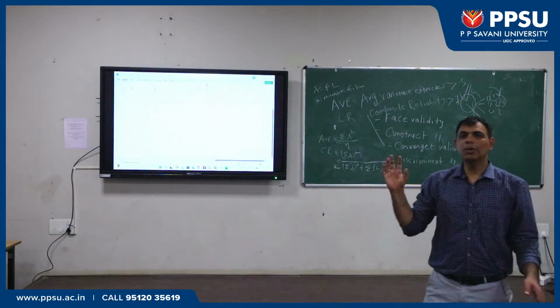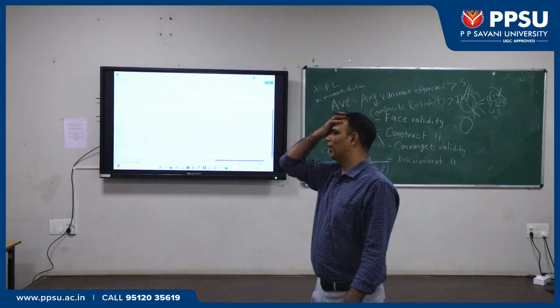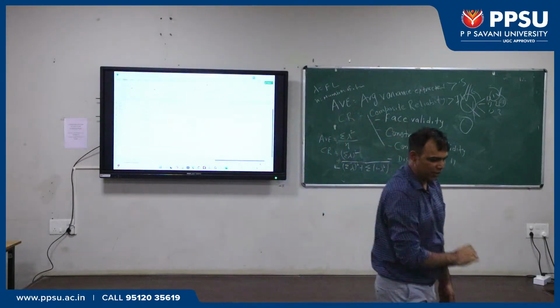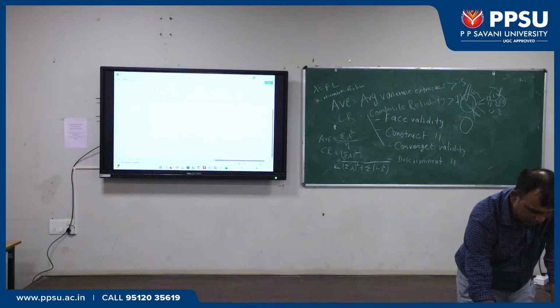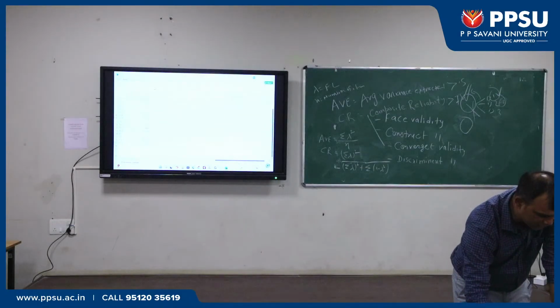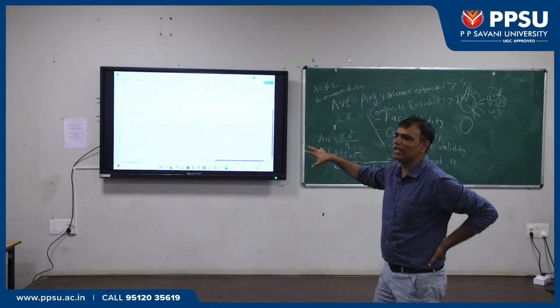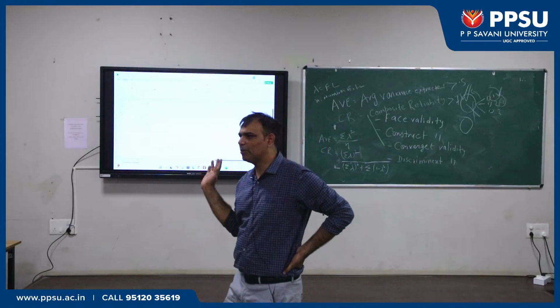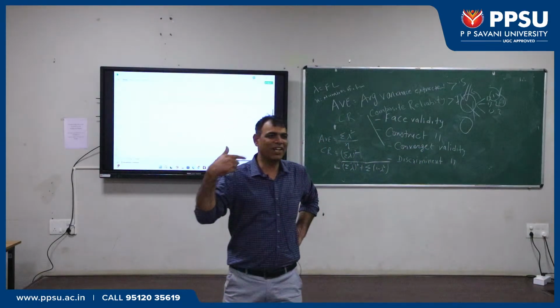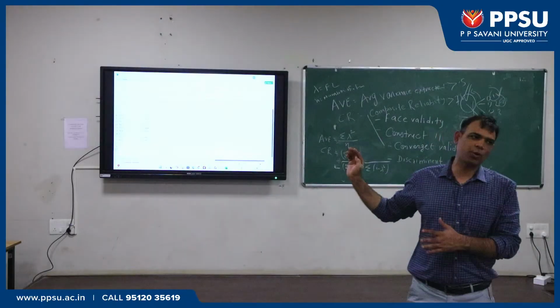Now I am giving you some condition. I have an ideal scenario, right? There is a possibility that this factor loading of PI3 is 0.09. I am just creating a scenario where this is 0.09.